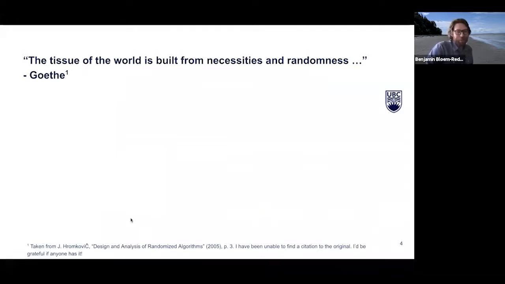It's from a textbook about randomized algorithms, but if anyone has the original citation, I'd be interested to have it. So let me know if you've come across this before outside of this textbook. And the idea here is that the necessities are the things that we really want to learn about or use for our inferences, and the randomness is everything else that we would rather ignore.